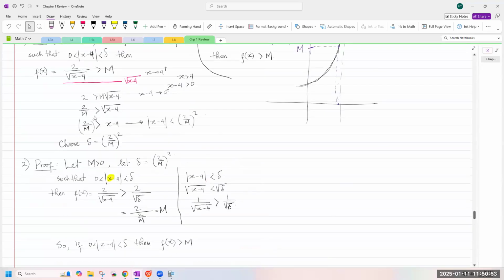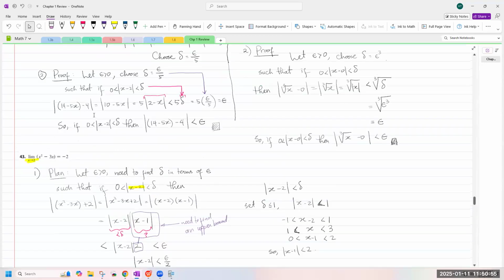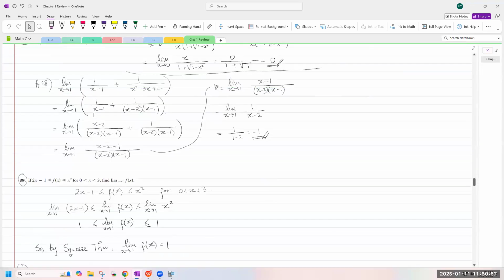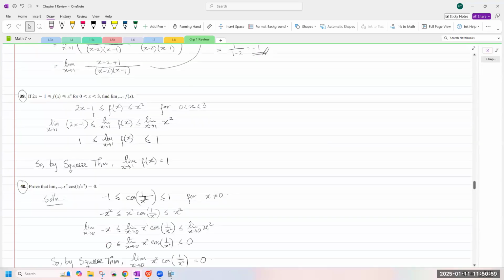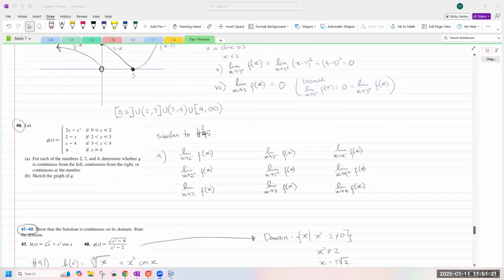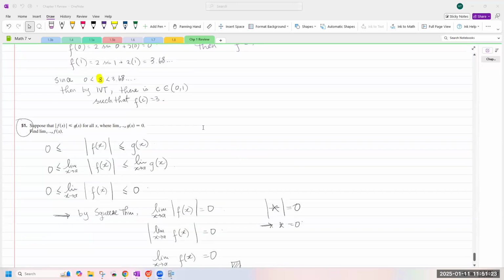We actually did this somewhere earlier. Here, number 37, 38 and number 40, we did squeeze theorem. In number 39, they give us the upper bound and lower bound. In number 40, they don't tell us the upper bound and lower bound, but they give us the function. In the last question, however, it's a very abstract function.